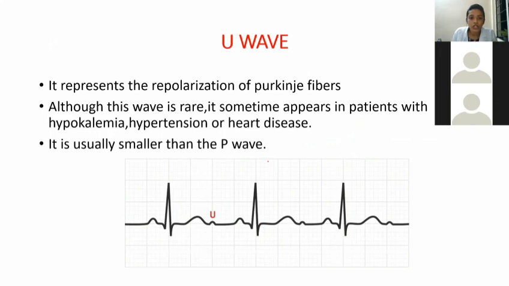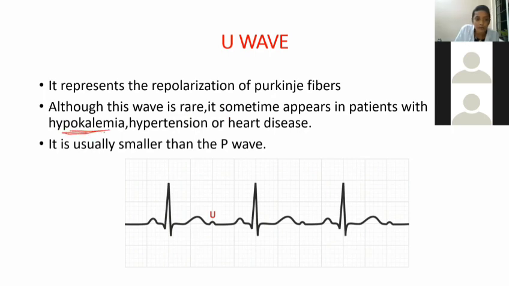Then we move on to the U wave. This U wave will not be present in every ECG; in some conditions it will be present. It represents the repolarization of the Purkinje fibers. Although this wave is rare, it sometimes appears in patients with hypokalemia.